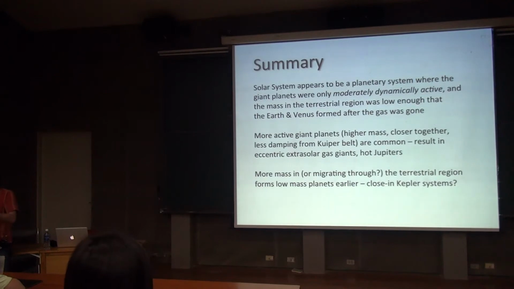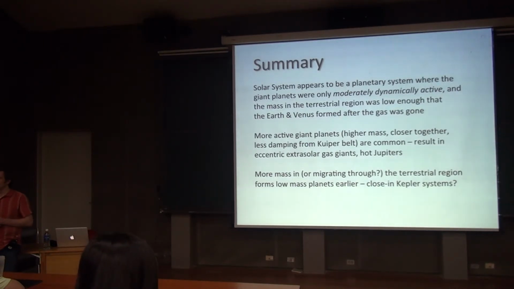But that does require some fairly special conditions to operate, and it's not clear that's the right answer. And I think that's central to answering the question of, if you have a protoplanetary disk, do you expect to form planetesimals and ultimately planets at every location within the disk, or just at a few locations? And I think that's still pretty open.